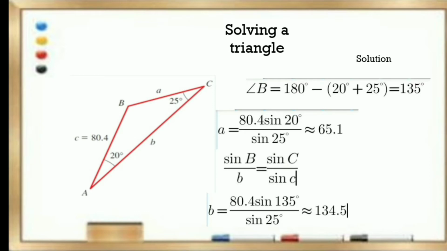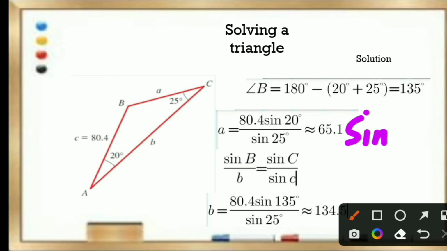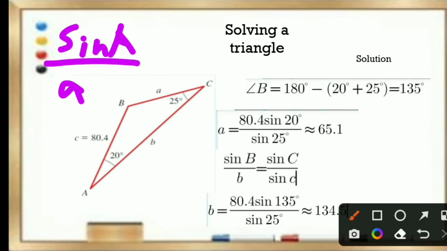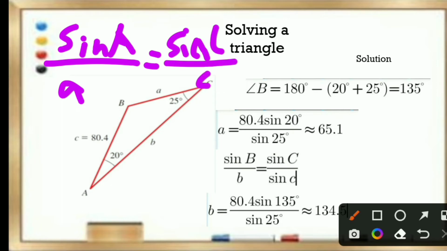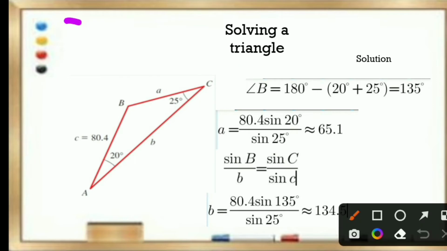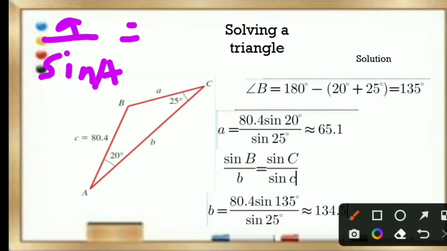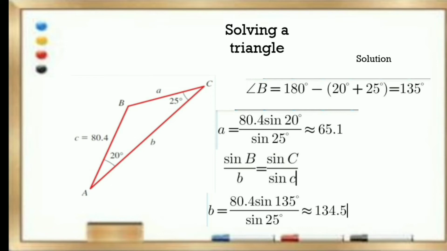Since side c is known, to find side a we use the relation sine A over a equals sine C over c, or a over sine A equals c over sine C. Cross multiplying, a equals the value of side c, 80.4, times sine 20 degrees over sine 25 degrees.